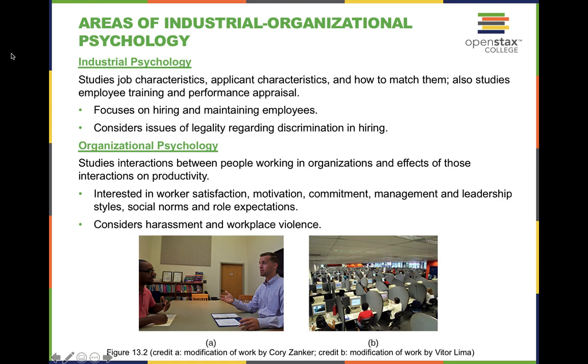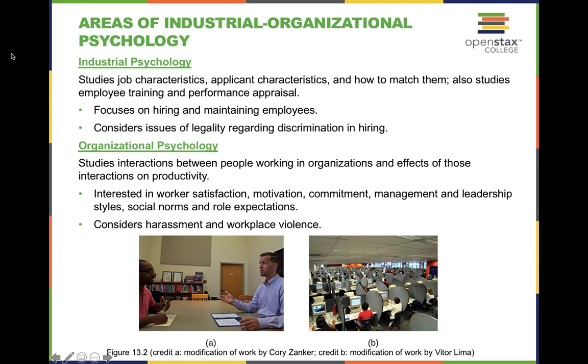So, when it comes to the distinction between industrial versus organizational psychology, industrial psychology studies job characteristics, applicant characteristics, and how to match them, as well as studies employee training and performance appraisal. So, their main focus is on hiring as well as maintaining employees, whereas organizational psychology studies the interactions between people working in organizations and effects of those interactions on productivity.